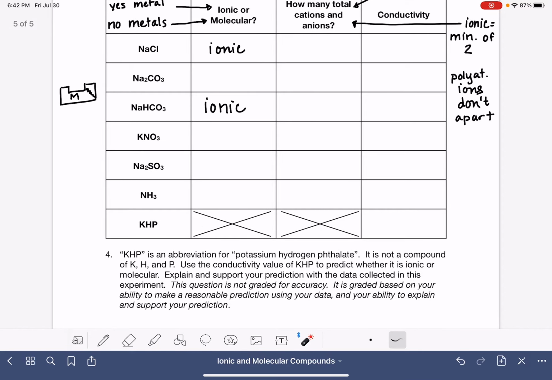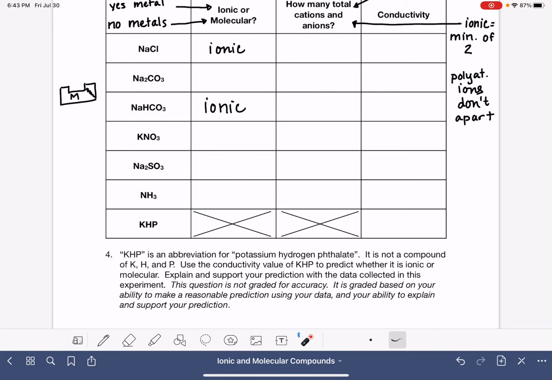KHP is not potassium with hydrogen and the phosphorus atom. It's an abbreviation for a compound called potassium hydrogen phthalate. And it may or may not be a molecular compound or an ionic compound.